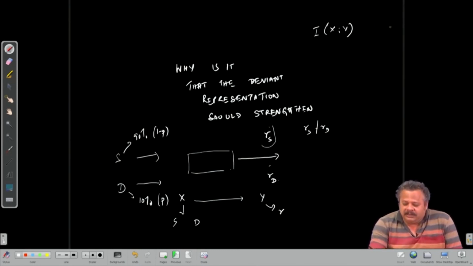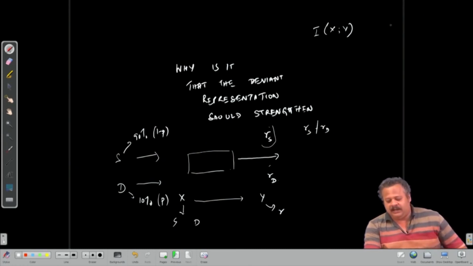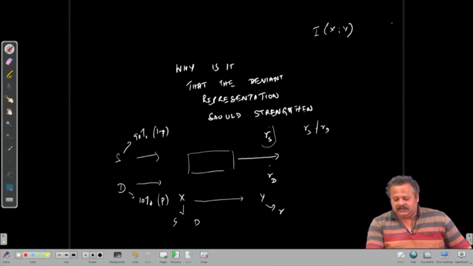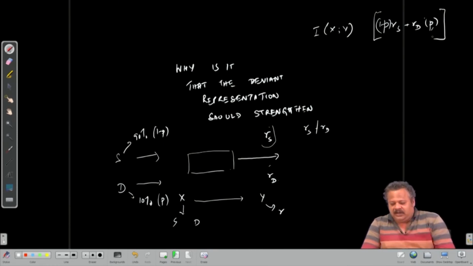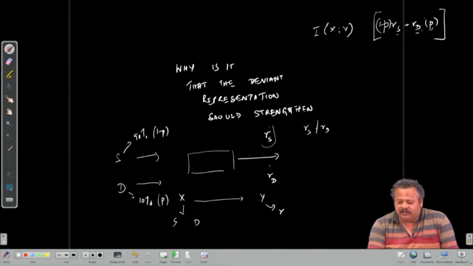And there is a total amount of spiking activity, that is Rs plus Rd in a weighted manner, that is 1 minus p times Rs and p times Rd. This is the total rate, where Rs and Rd are the mean rates in response to S and D during development. So, these are variable.